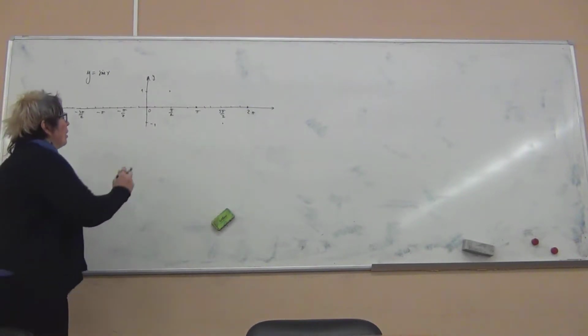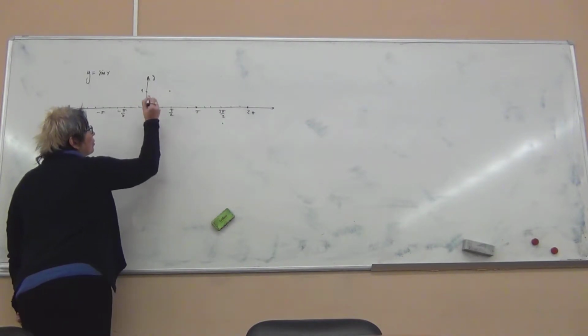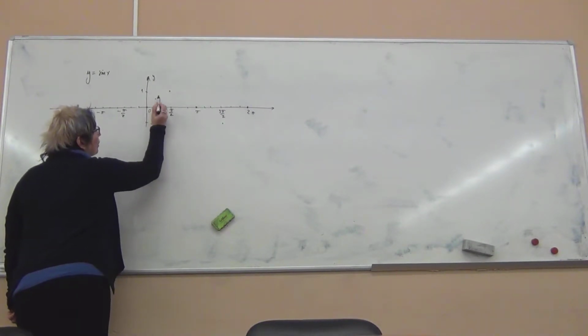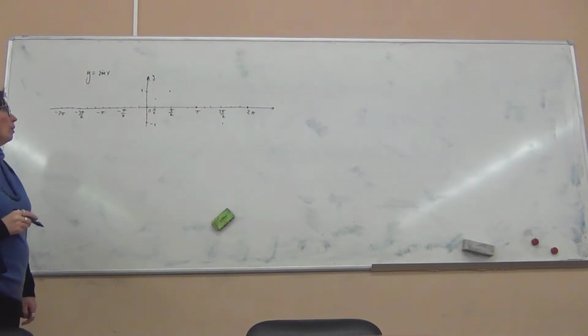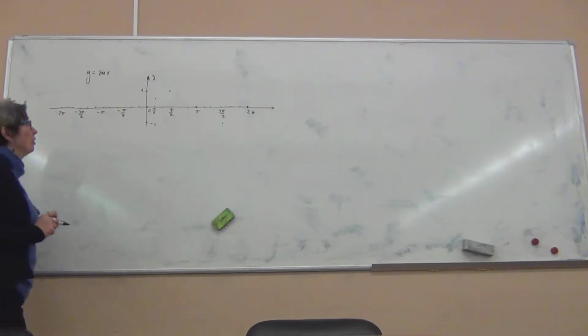In other words, this is pi over 6, and this is 1/2 on the y-axis, so it will be this point. Practically the diagonal of the first square. Of course, in reality it's not quite so because the scale on the axes is not exactly the same, but for our purposes, it's good enough.